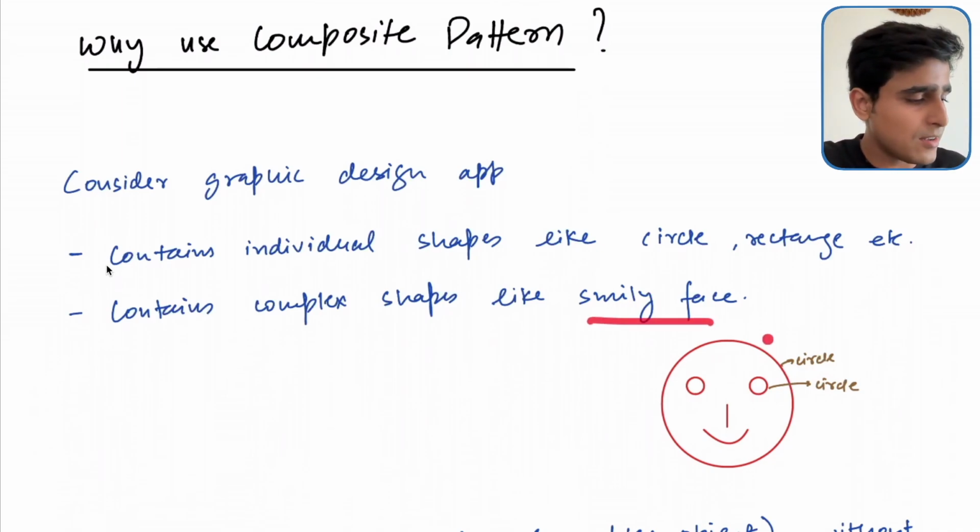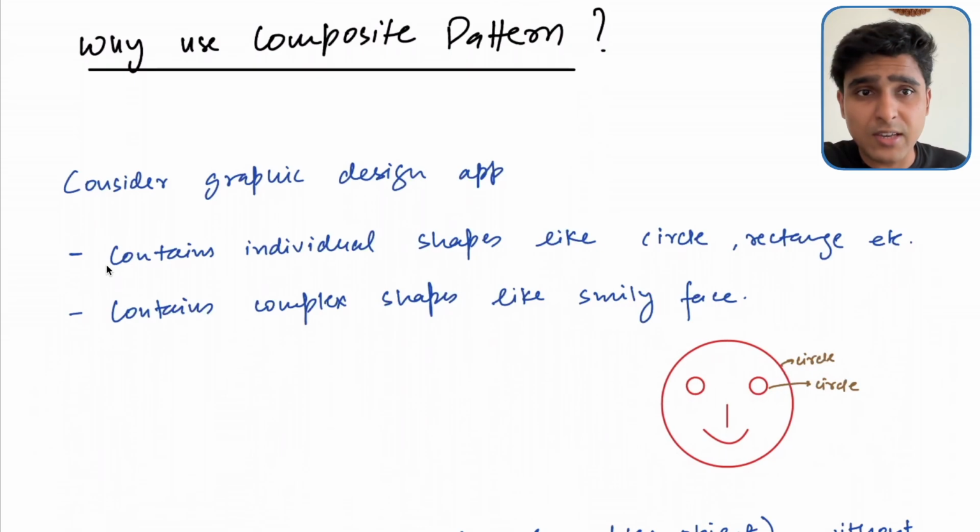For example, here we have taken the smiley face. Smiley face contains individual shapes also. For example, it is a circle which contains two more circles. We can consider this as a small rectangle. Maybe this is a semicircle, right? Maybe we can have another smiley face inside this smiley face, or maybe some other complex structure.